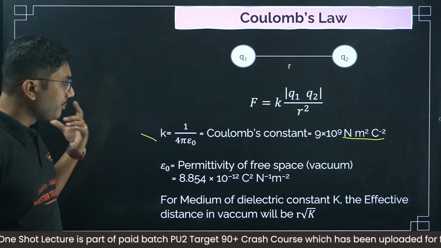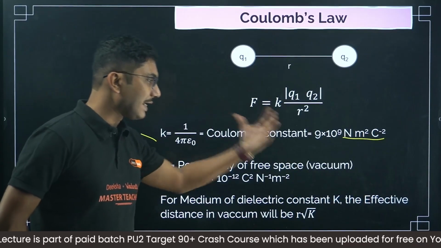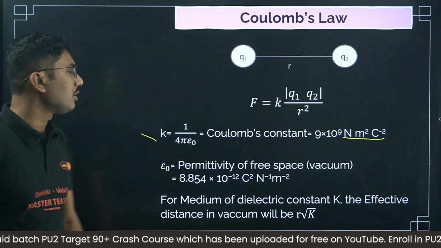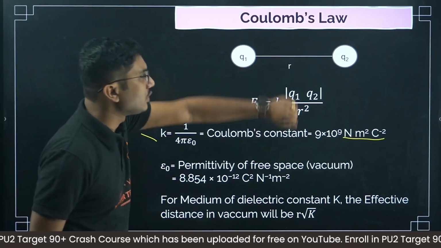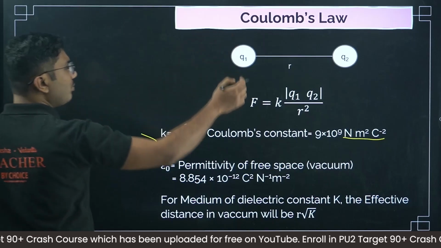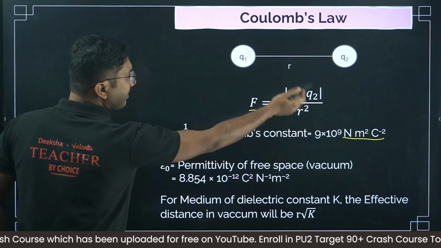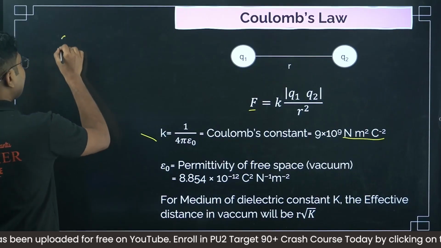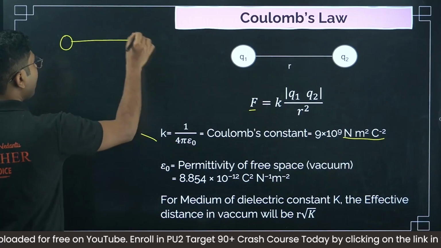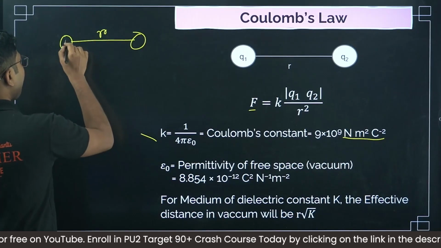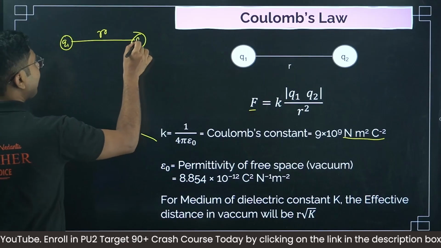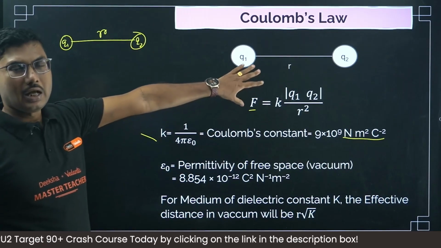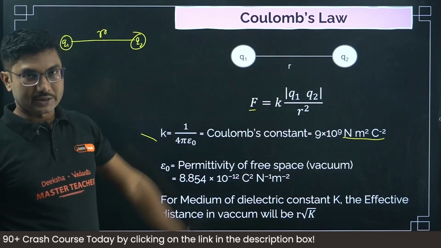Now for a medium of dielectric constant K, the effective distance in vacuum will be r root K. What is the meaning of that? Suppose you have two charges Q1 Q2 placed in vacuum, then the force is given by this formula. Now if you have the same two charges, at the same distance, but this Coulomb's law is for when there is vacuum between the charges, right?